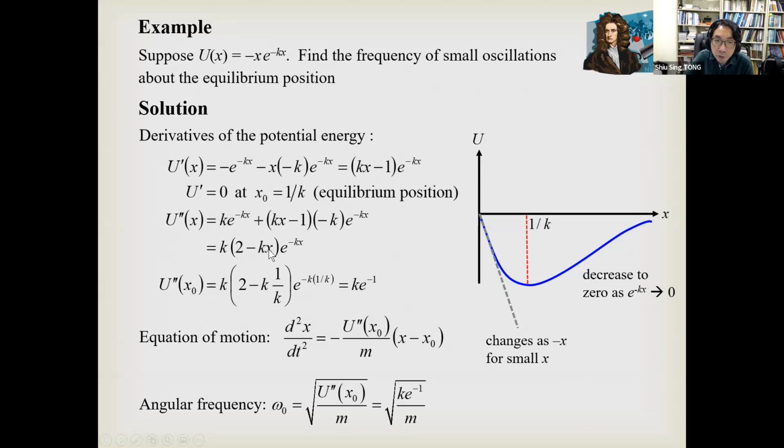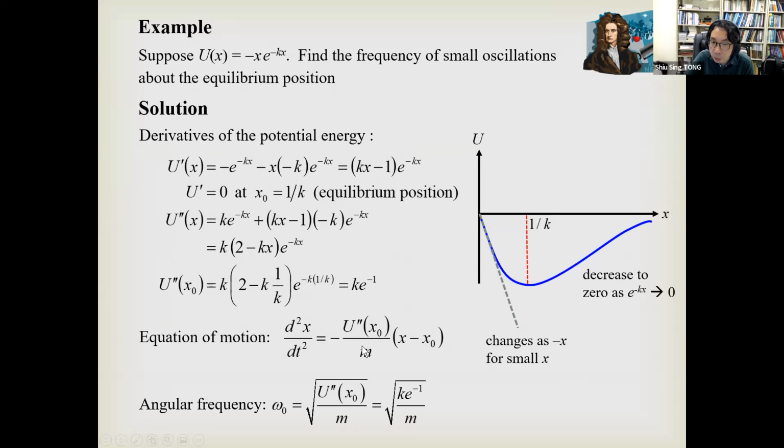So I substitute 1 over k to here and here to find u double prime x naught. So x here is replaced by 1 over k, and the exponential function, the x is also replaced by 1 over k. And I got 2 minus 1, which is 1, and this is e to the power minus 1. So I have k e to the power minus 1. So this is my u double prime at x naught.